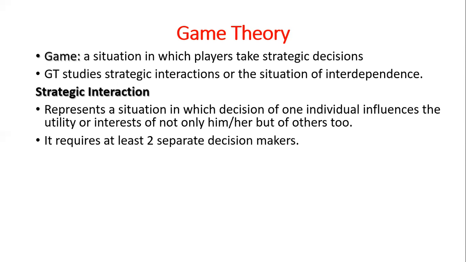But if there are two decision makers who are taking a decision jointly, or who are sitting opposite to each other and confronting each other, then the utility or the benefit of each is also dependent on the others' actions and reactions. Most of the game theory questions that we shall deal with in this lecture and in the lectures ahead will be based on games of two players.